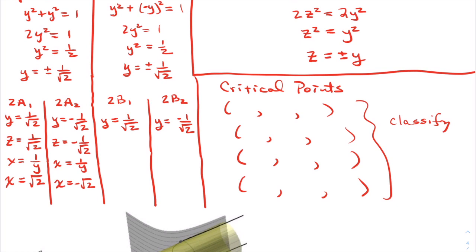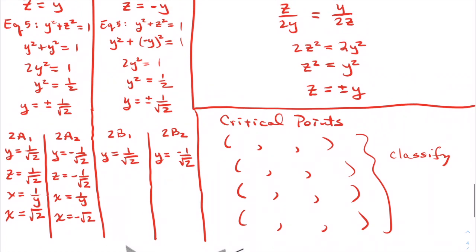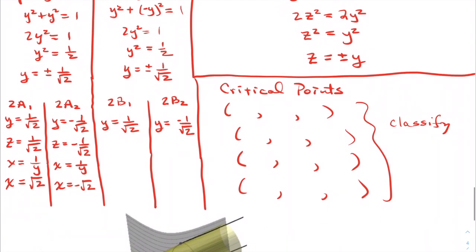Okay, now z is negative y in this case, so on 2b1, z will be negative 1 over the square root of 2, and in 2b2, z will be positive 1 over the square root of 2. And as before, x is 1 over y.